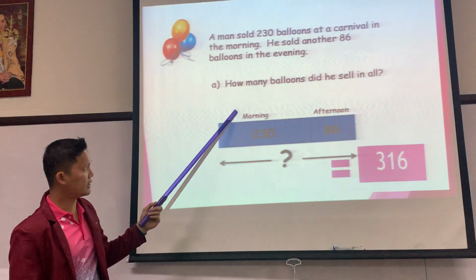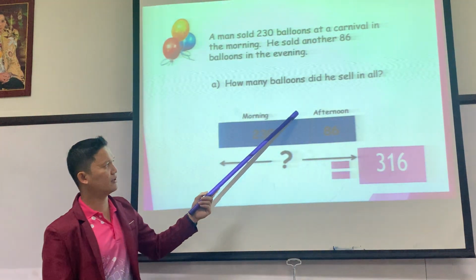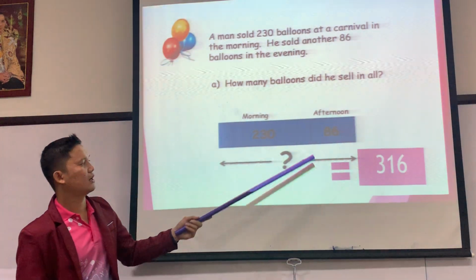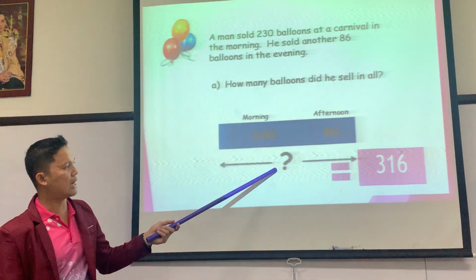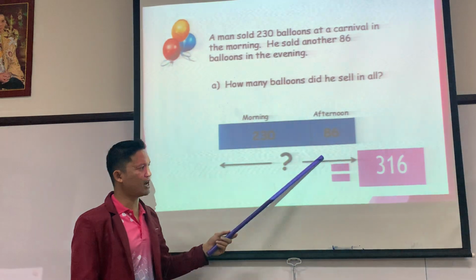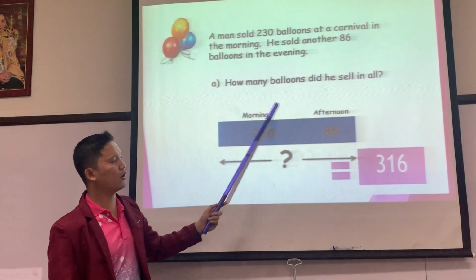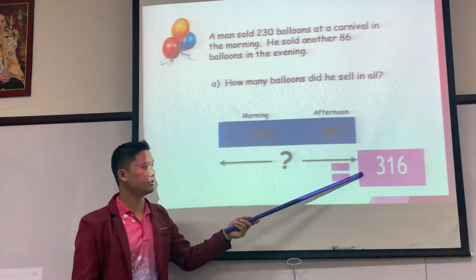So in the morning he sold 230. In the afternoon, he sold how many? 86. So if we have to add, the sum of the balloons sold for the whole day is equal to 360.